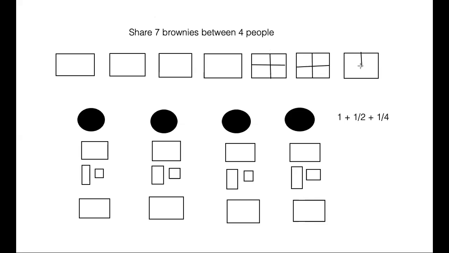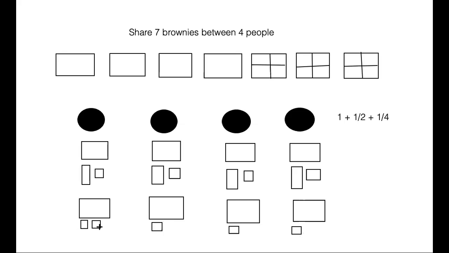So split each brownie into 4 pieces. So pretend like these are equal pieces. I know my lines aren't super equal, but so then you were like, okay, so I'm going to first share this brownie out. So each person gets 1/4, 2, 3, 4. That takes care of that first brownie. So now I need to divvy out my second brownie.